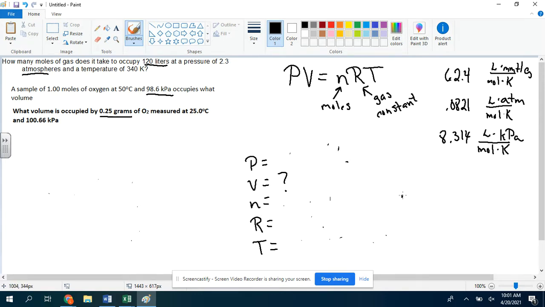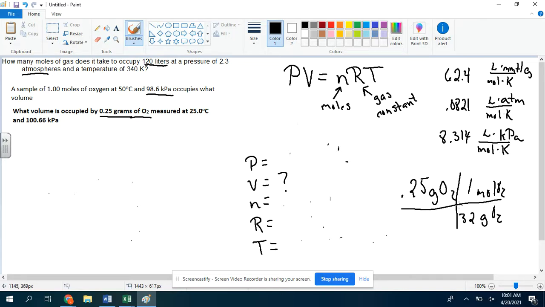Okay. So 0.25 grams of O2. That's what they gave me, right? Grams of O2. You're going to have to set that up and do a quick conversion, grams of O2 to moles of O2. One, and it's 16. Oxygen's molar mass is 16, but there are two of them, okay? So it's going to be 32. There are two of them.